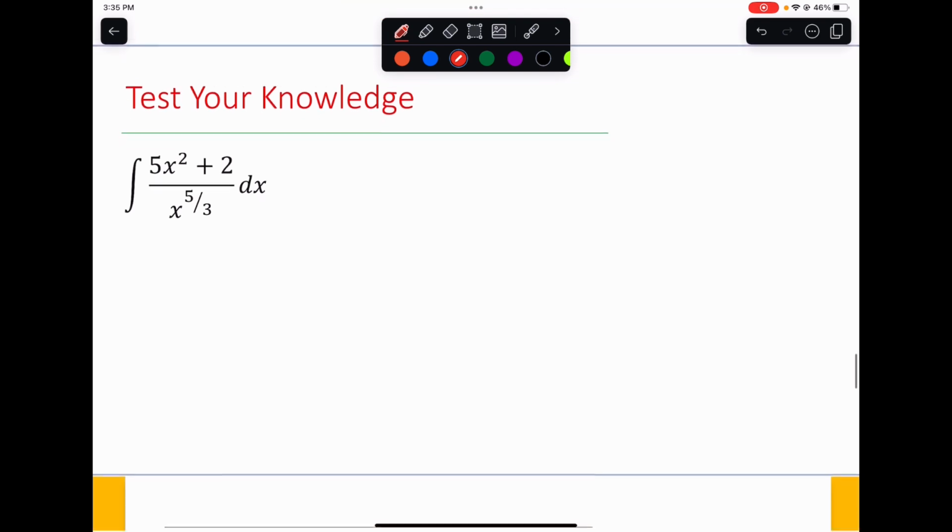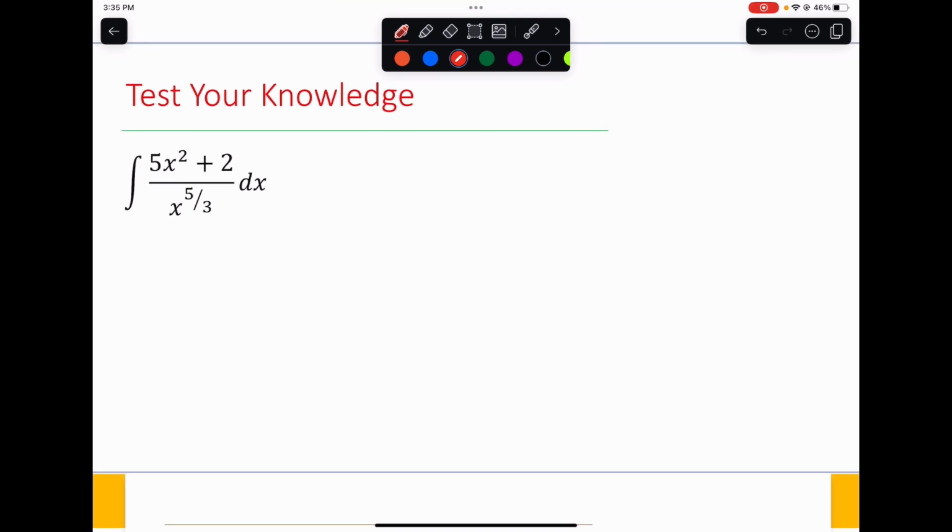Okay, for this particular example, this is a test your knowledge example. You are given this, so what is the first step for you to do to answer this one? Again, we cannot just simply distribute the integral on the numerator and on the denominator.